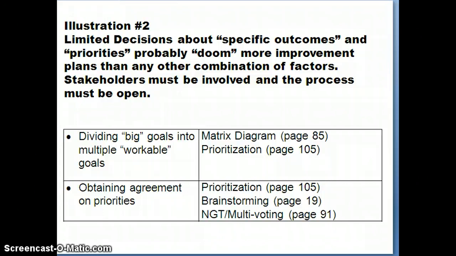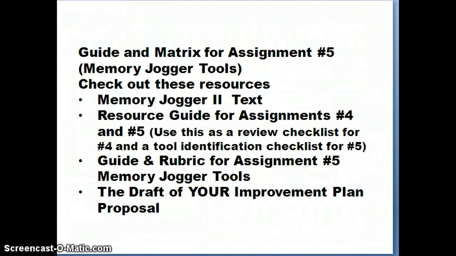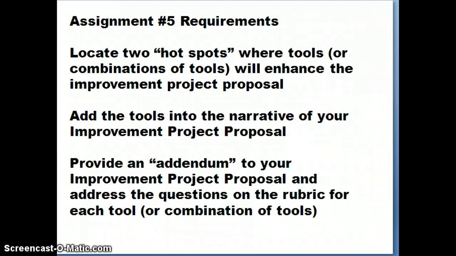So let's go back and review the process that you're going to do. Number one, you're going to locate some hotspots, and you're going to use some of the documents I provided that will help you not only identify what I've identified as some hotspots, and also that show a matrix of tools in relationship to hotspots.